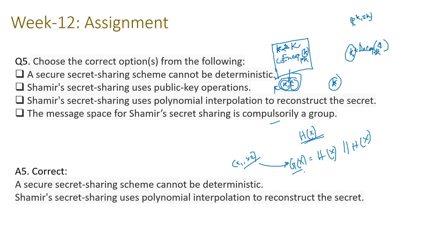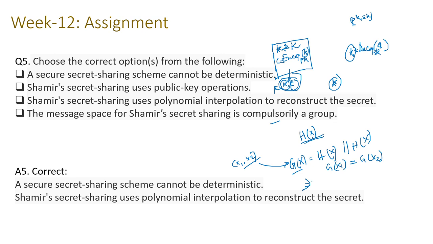But that does not break the collision resistant property, does it? My argument is that it is not collision resistant because if you are able to find two such pairs x1, x2 for which g of x1 is equal to g of x2, what will that imply?